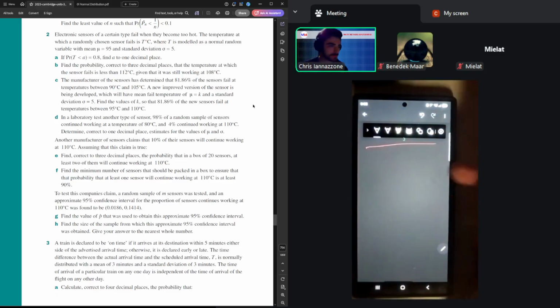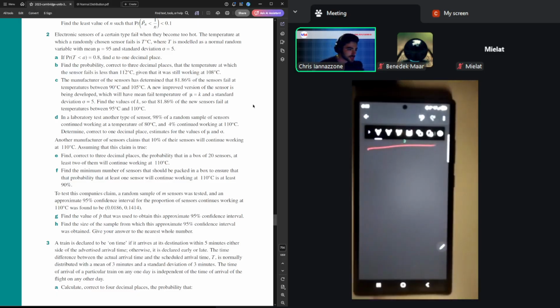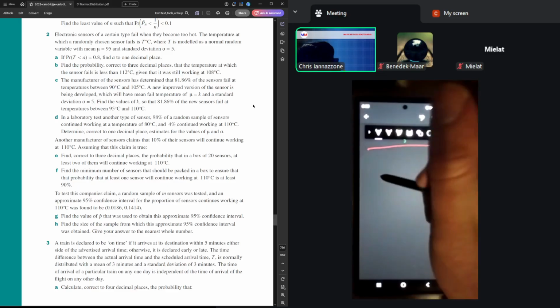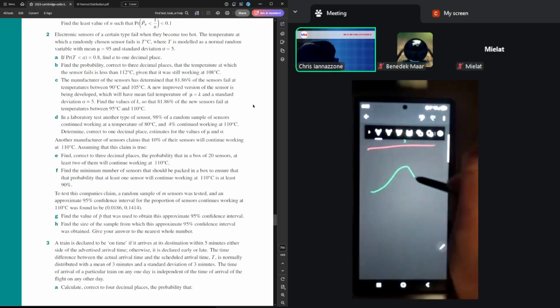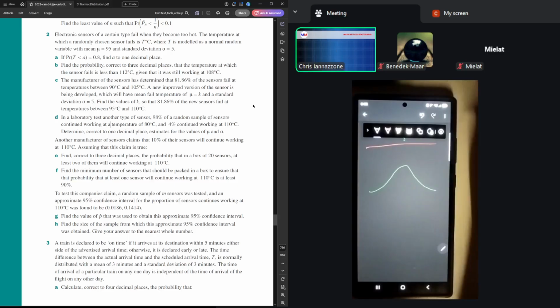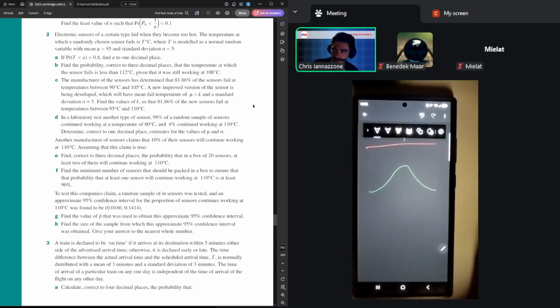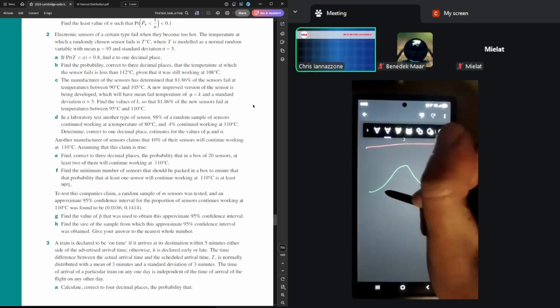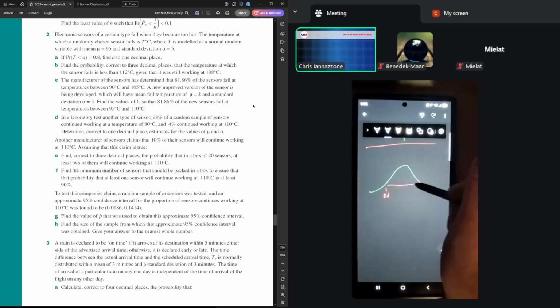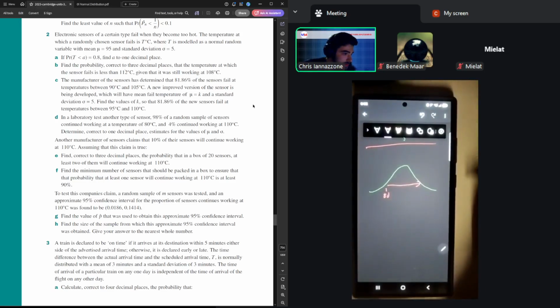Okay, so if we're still working within normal distribution, let's draw up what we know. We know 98% in a given sample continued working at a temperature of 80. Is it because they're in a sample that we handle it differently? No, I think it's just the same. You put 80, and that means 98 on that side.